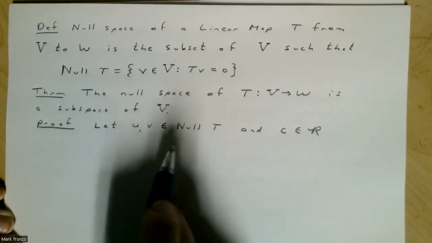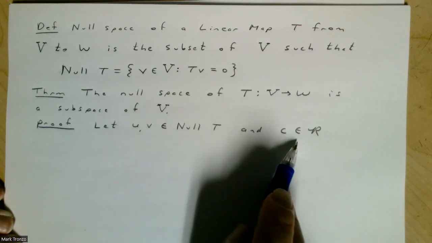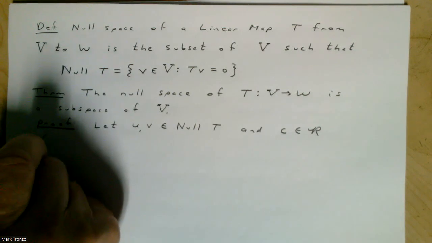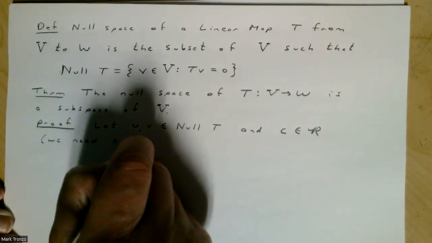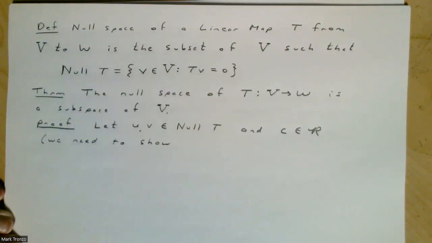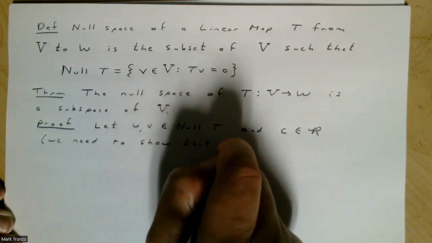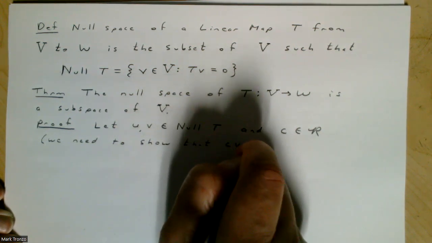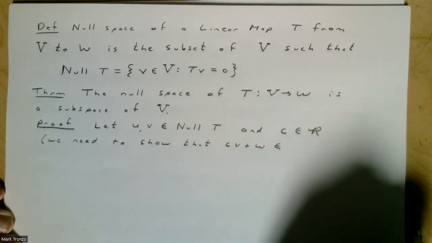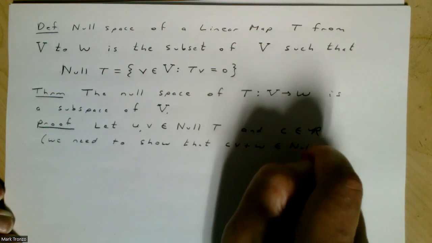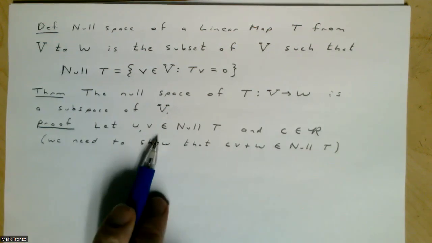We need to let this be in here, this be in here, and we need to show, remember, to show a subspace, which was in previous videos, that cv plus w is in that null space. So we're picking a couple vectors in the null space.